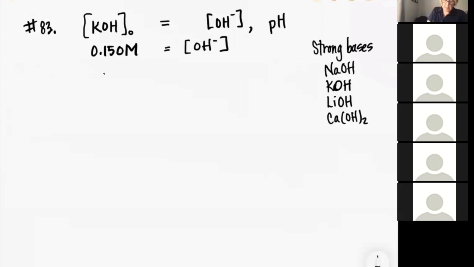So then we calculate the pOH. pOH equals the negative log of the hydroxide concentration. And I'll let you calculate that and you can respond to me. Unmute yourself and tell me the answer.